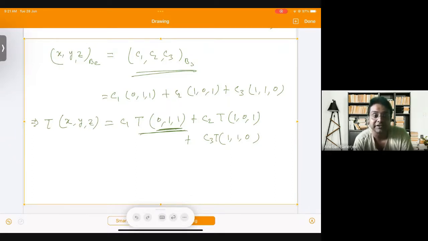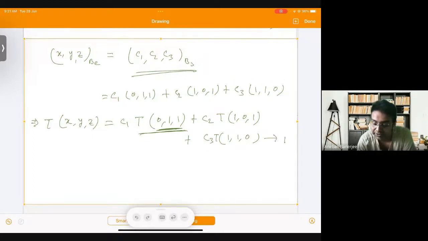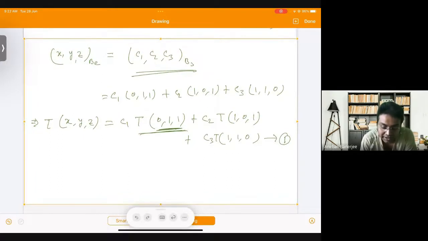So whatever vector we get, we have to represent it also with the standard basis, because we are going to find this linear transformation formula with respect to the standard basis. At this moment we cannot do that. Let's call this one. So how do we figure out what will be the value of this with respect to the standard basis?